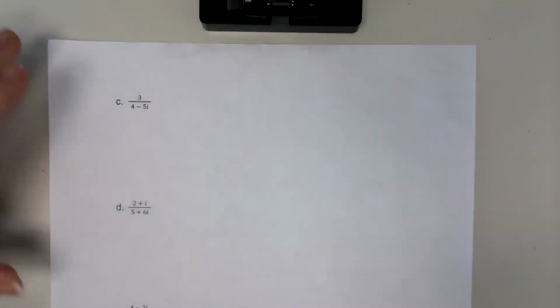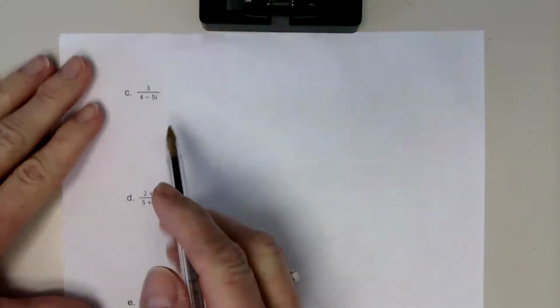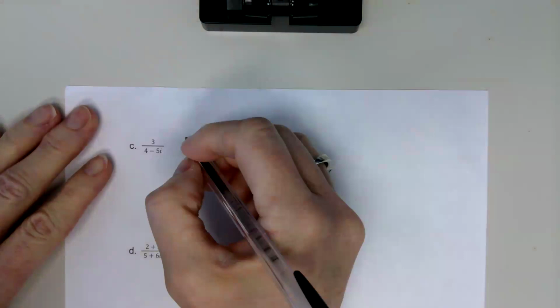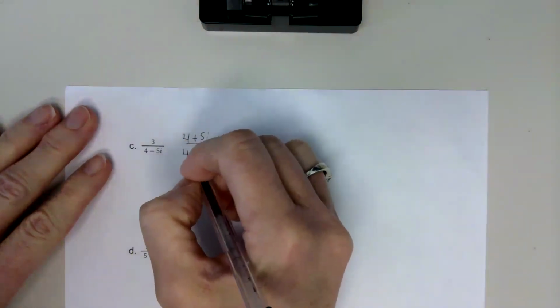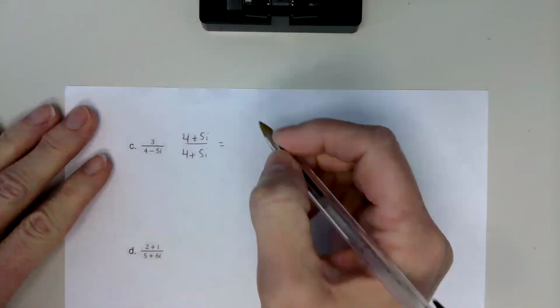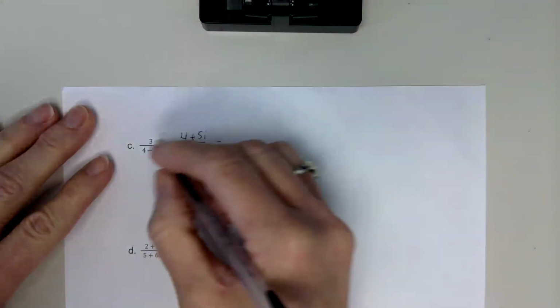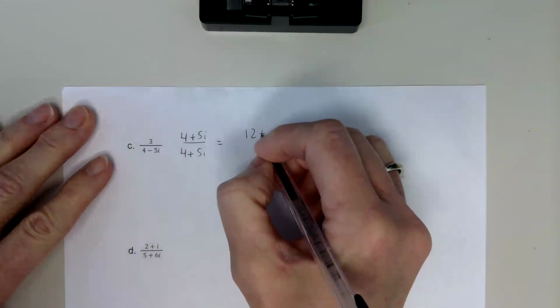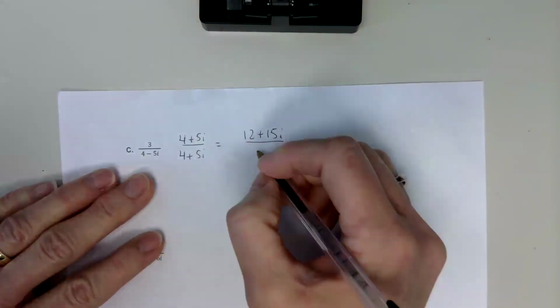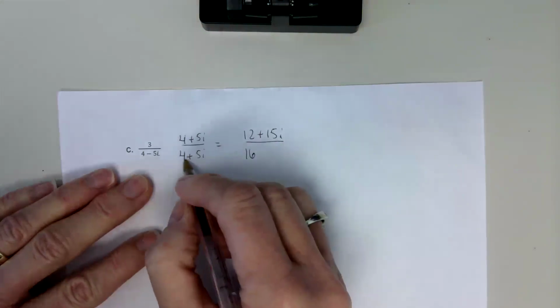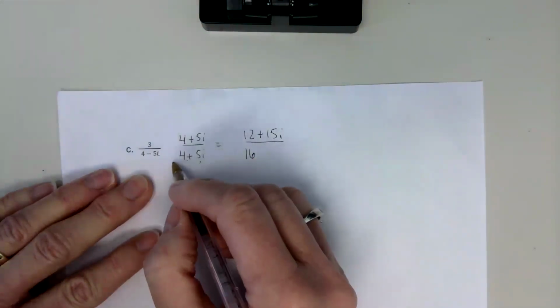Now, the last few here, we're going to have to use a complex conjugate because we have a complex number. So it'll be 4 plus 5i over 4 plus 5i. So this will be 3 times 4 is 12 plus 15i over 4 times 4 is 16. The middle terms cancel out because they're complex conjugates.